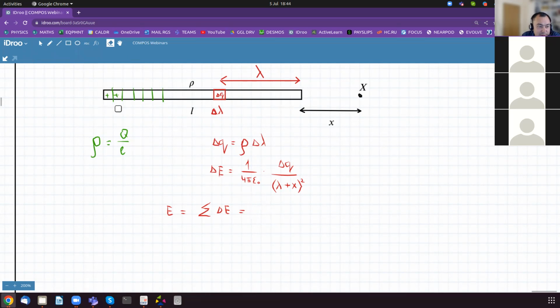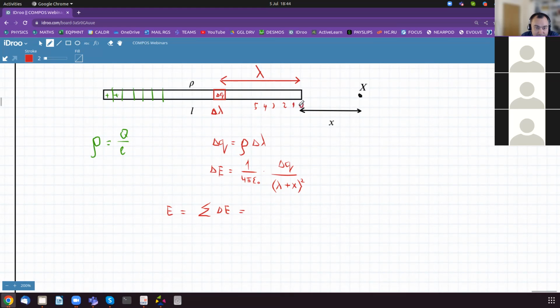And what I'll do, I'll start numbering them from the left: 1, 2, 3, 4. It doesn't really matter how I do it, just for convenience. So here's the distance. We need lambda.